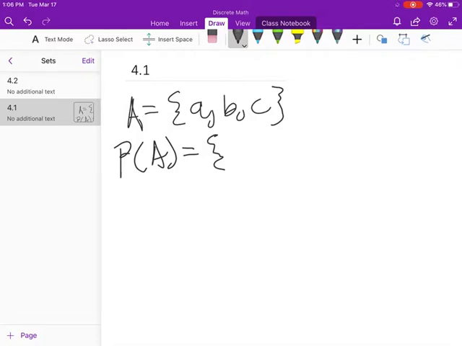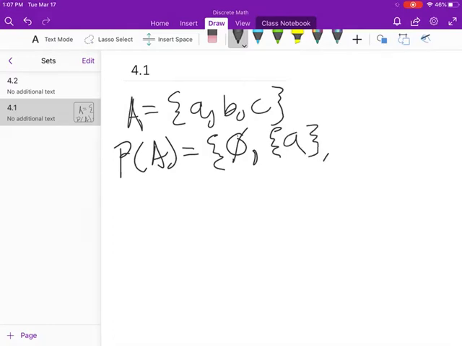Whenever I have a power set of something, one thing that's always included is the empty set, because the empty set is a subset of every set. That's kind of interesting. So a subset could have no elements. Then we can have all of the singleton sets, all of the one-element sets that exist.